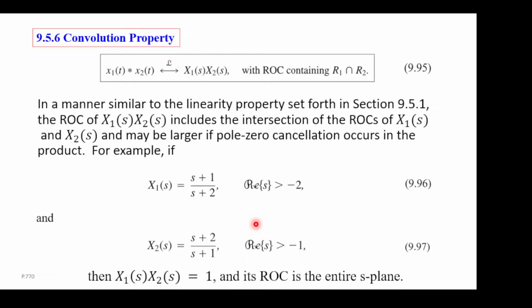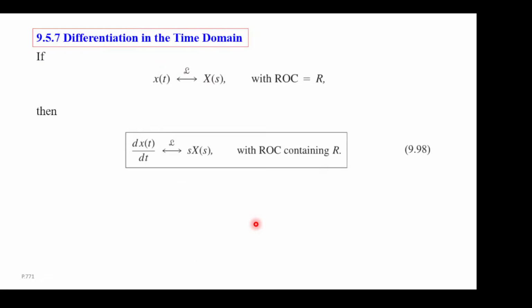Okay, that's relatively easy. Then we have differentiation, and just like the Fourier transform, when you differentiate in time you get sX(s). Remember, it was j omega there. The ROC doesn't quite change, but it's containing R, because you get multiplication by s here.